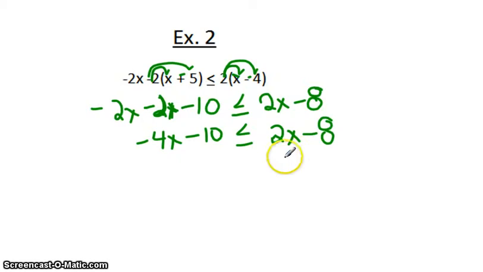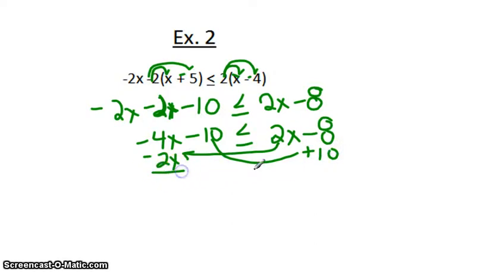I like my variable on the left, so I'm going to move the 2x over, which means I'm going to subtract. I'm going to move the negative 10 over, which means I'm going to add. So I have negative 6x is less than or equal to positive 2.